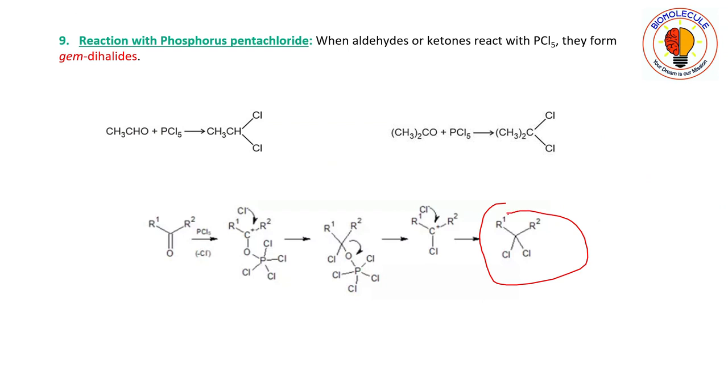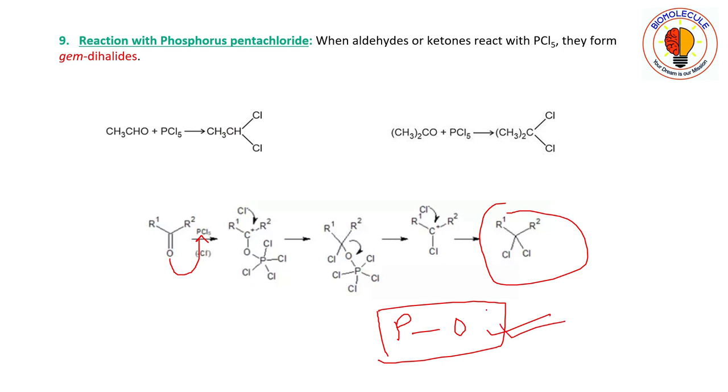See, oxygen has a very good affinity for phosphorus, so in the first place this oxygen goes and attacks this phosphorus. The P-O bond is very stable, as a result of which, in the first place, oxygen goes and attacks phosphorus.